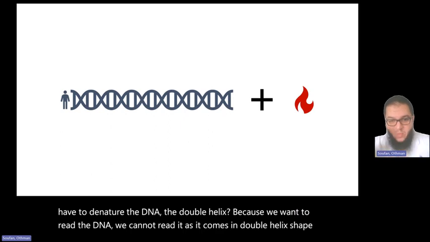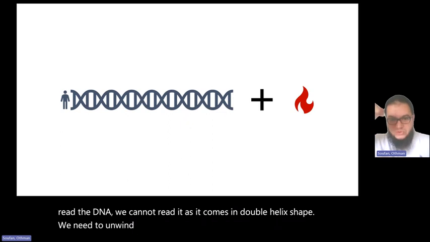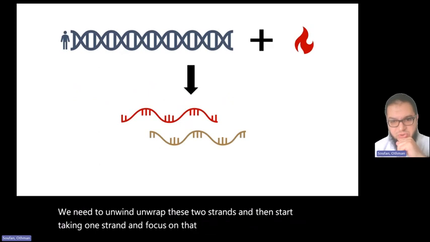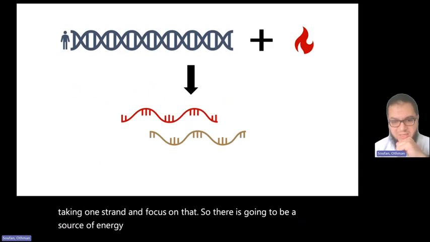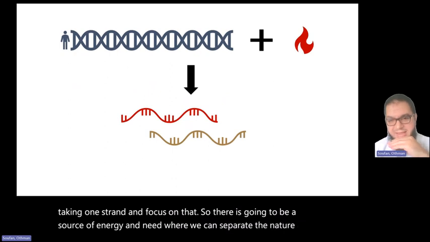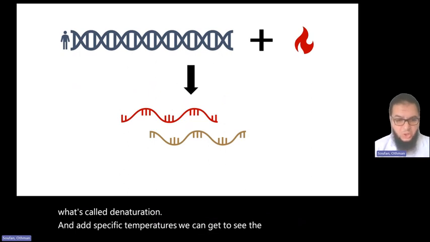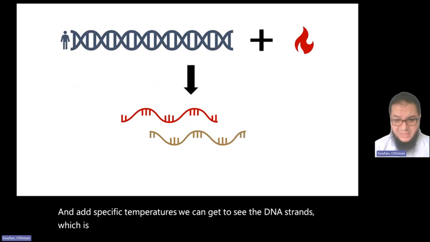We need to unwrap these two strands, and then take one strand and focus on that. So there is going to be a source of energy and heat where we can separate, denature, what's called denaturation, and at specific temperatures we can get to see the DNA strands, which so far seems a typical process.